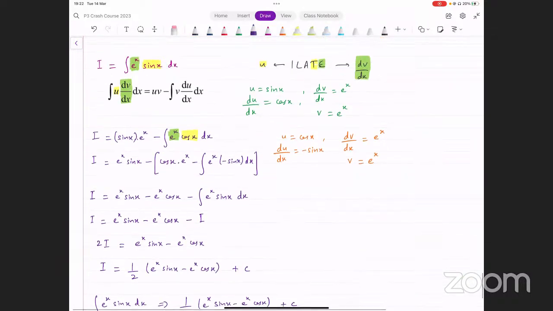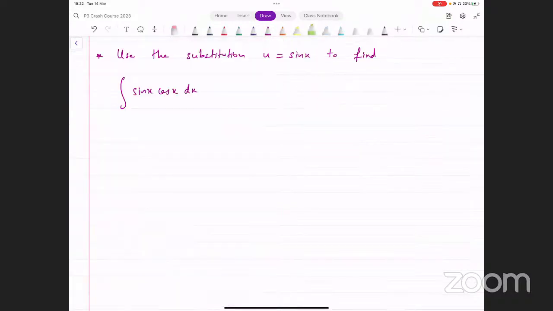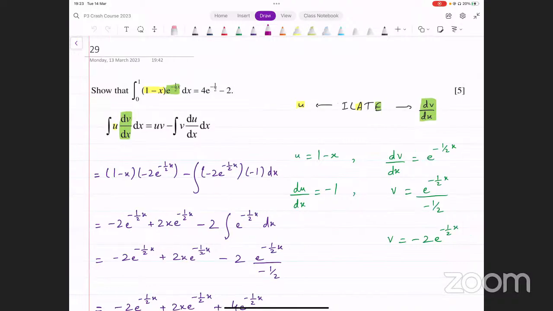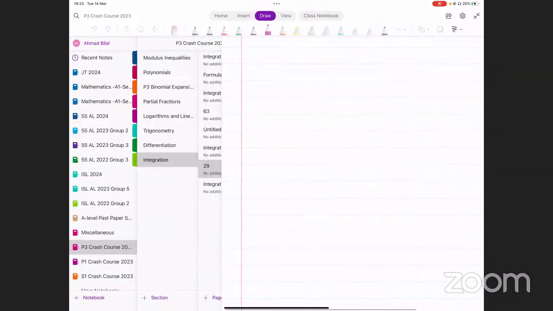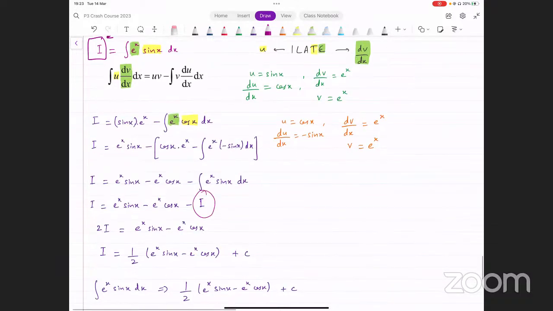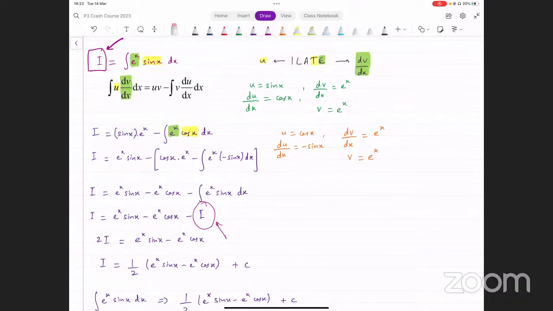It would be a recursive thing, because when you integrate sin x cos x using integration by parts, in the integral you'll get sin x into cos x again. So you'll then replace that thing with I, remember, and then integrate using this method. So this is something that you could do there as well.